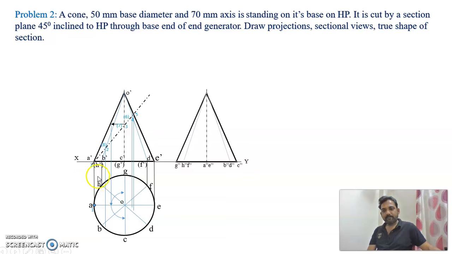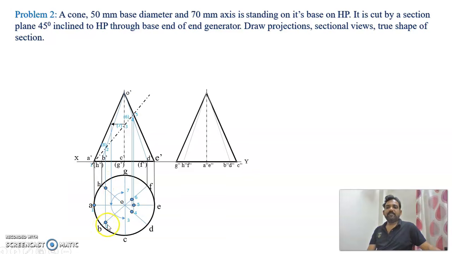So here I have projected point 1, then here I have projected point 2, then on OC point 3, then on OD point 4, on OE point 5, OF point 6, OG here point 7, OH point 8.